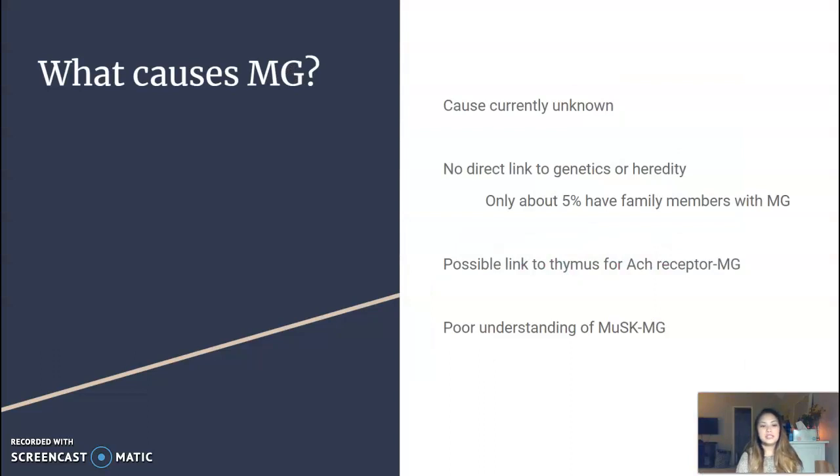So, causes for myasthenia gravis as of right now are currently unknown. There are a few different possibilities as to what scientists think it could be. The biggest lead right now for causes has to do with the thymus.